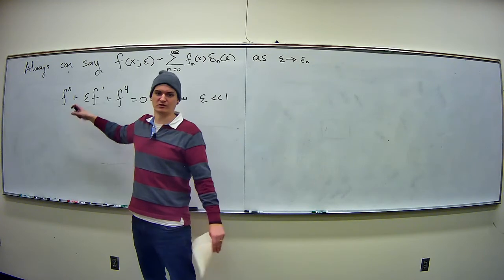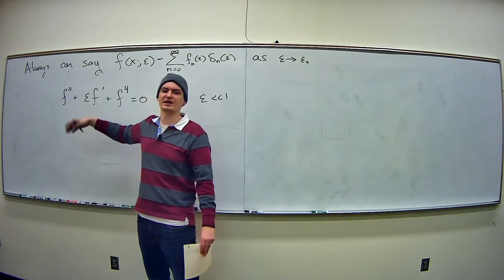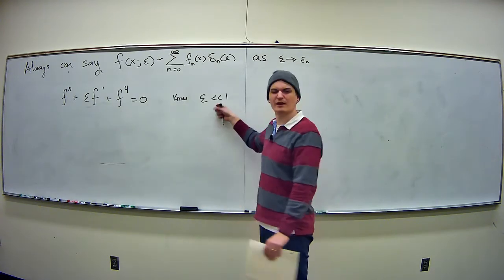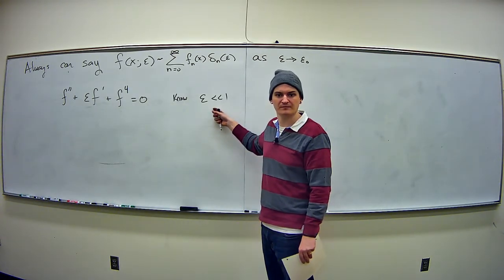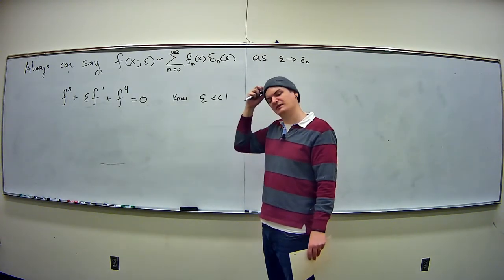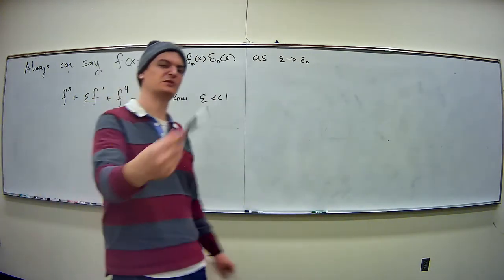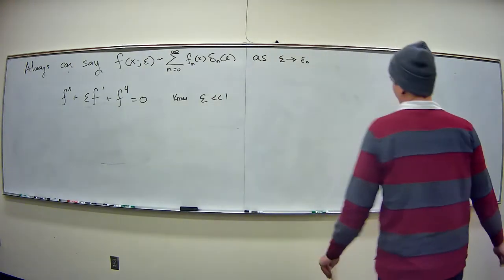This could be like a 1 over Reynolds number. It doesn't matter, it's just some number. You plug some numbers in for your fluids, and you know it's a really tiny number. So let me do the asymptotics on this and see what the form of the solution looks like. Very good stuff.